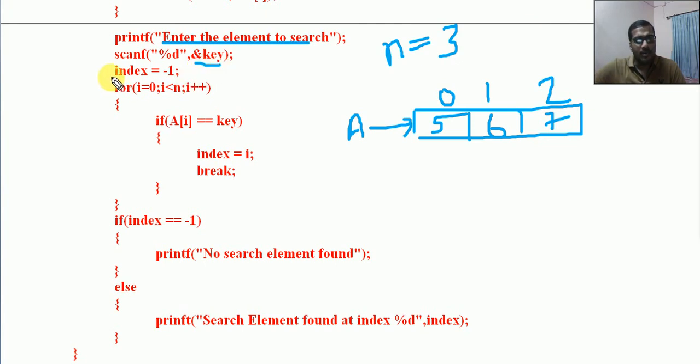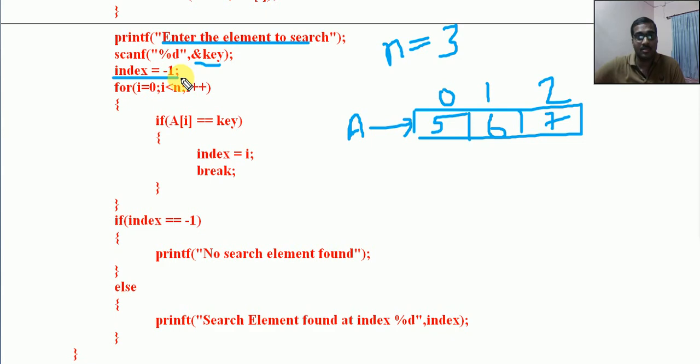Now look at this one, index equal to minus 1. Why are we setting index equal to minus 1? This is the initial value given for the variable index. The real purpose of this index is whether the element is found or not. If it is found, it tells in which index location.